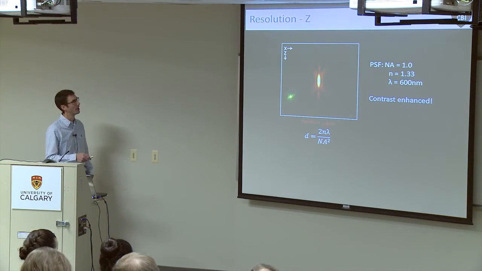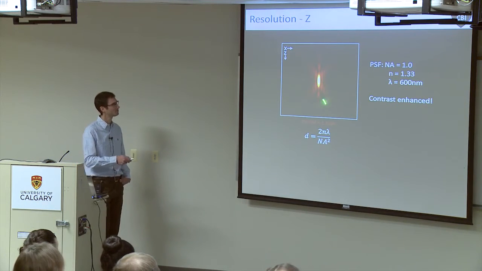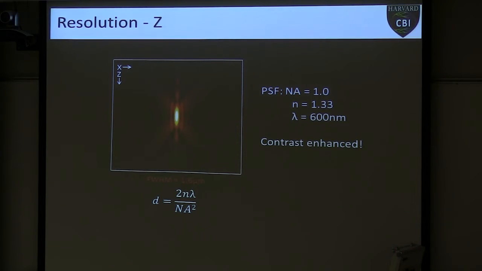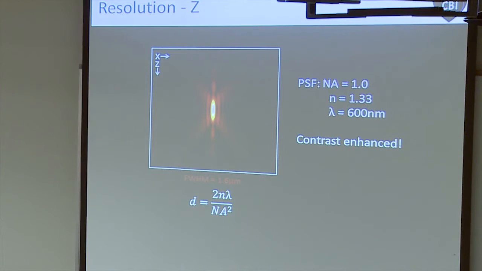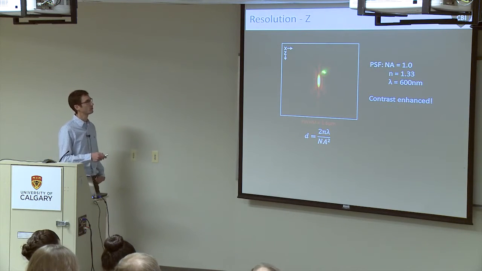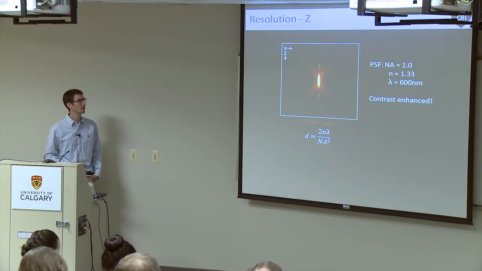Again, I've enhanced the contrast so you can see some of these side lobes around the central focal point. But what you can see is the equation that we use to define our resolution in Z is a lot different. And this ends up giving us a much larger point spread function and lower resolution in Z. Okay? So this actually works out to a full width half maximum of 1.6 microns. Okay?